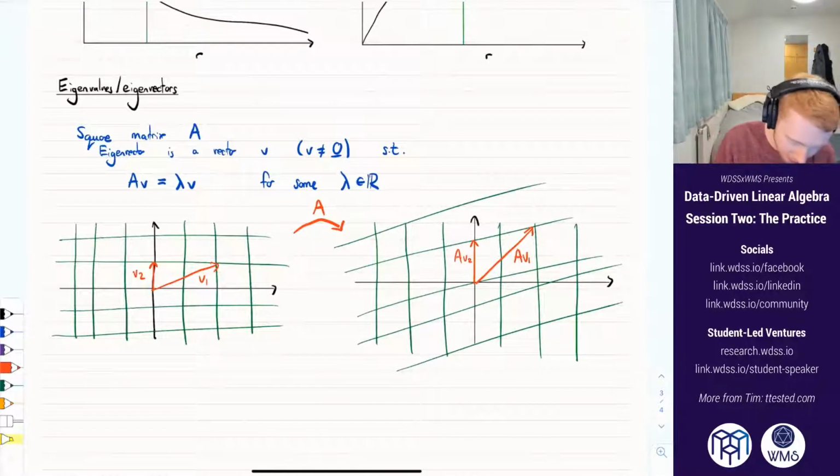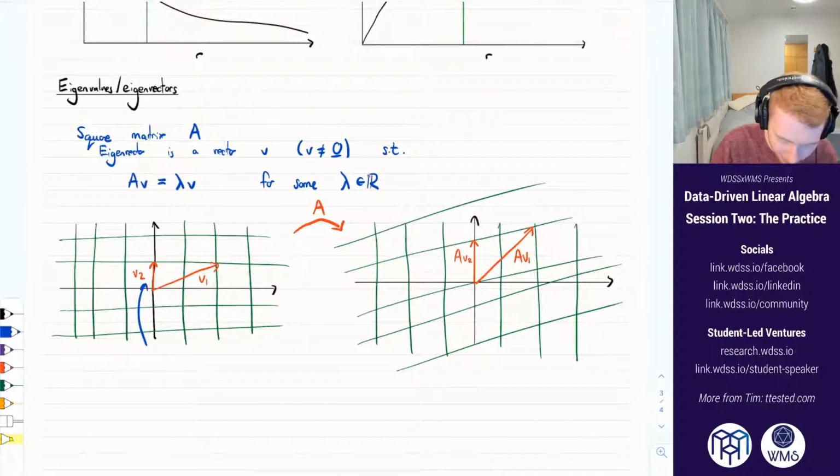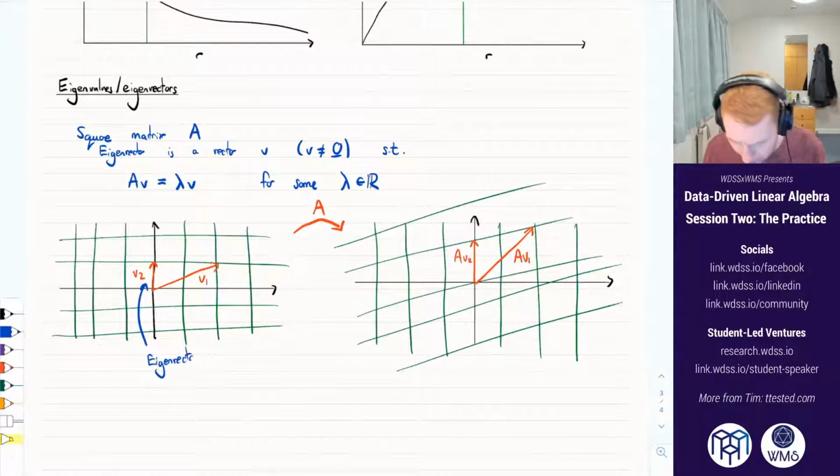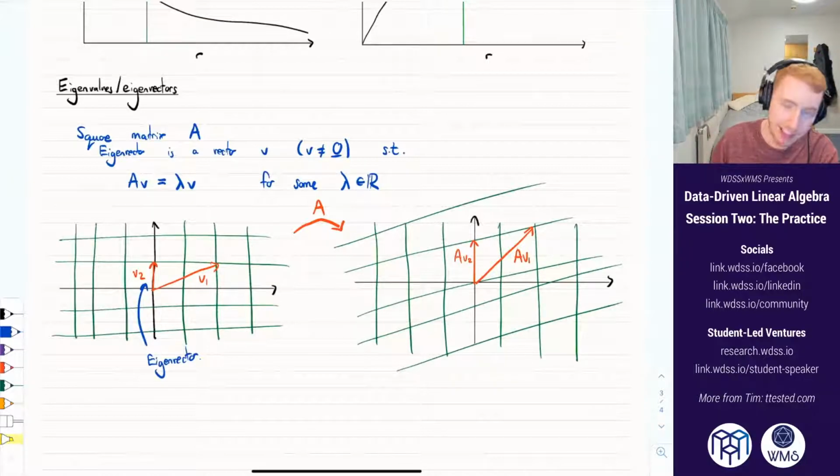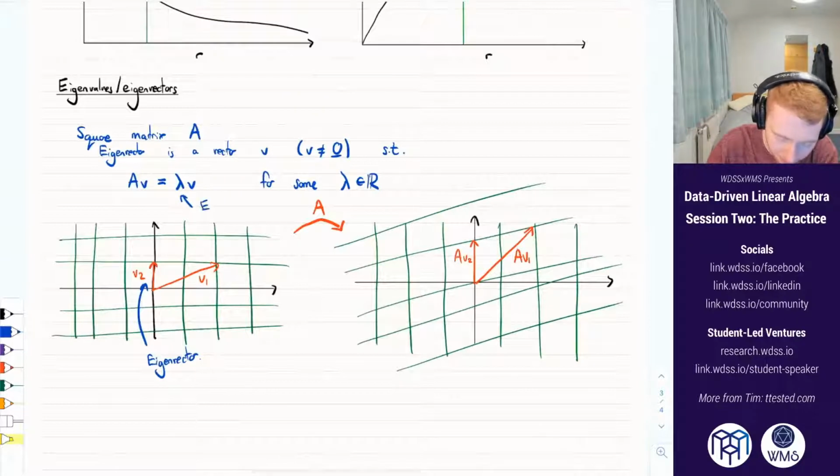And so for that reason, this vector v2 is an eigenvector. In other words, it stays in the same direction after being mapped through the matrix A. And the amount it gets scaled by, here it was scaled by a factor of 1, it didn't change its size at all, is known as the eigenvalue, and that is this lambda here.